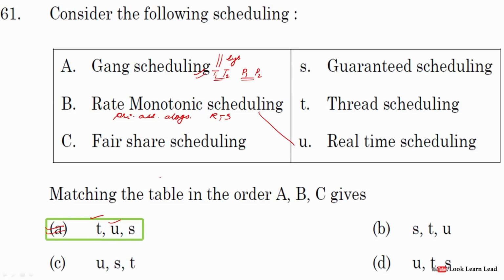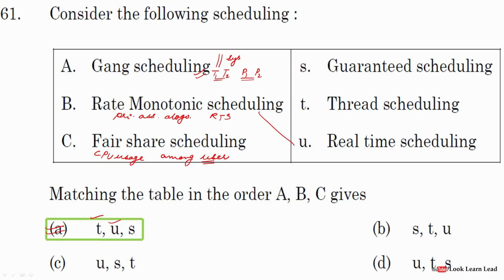And fair share scheduling would be guaranteed scheduling, because it is the only one left. But what is fair share scheduling? It is used in those operating systems where CPU usage is equally distributed among users.